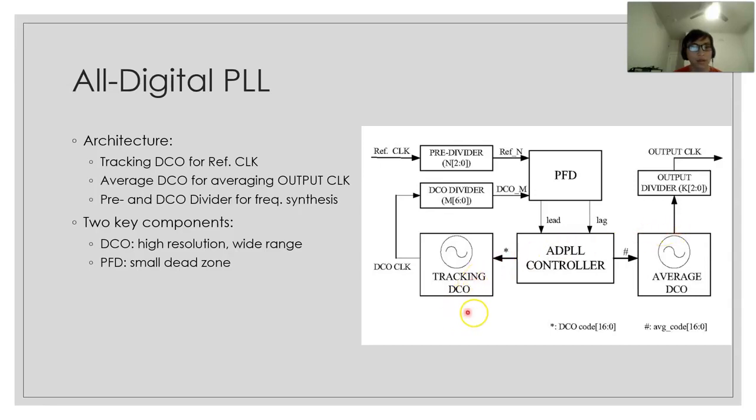When designing this system, the author said there are two key components that need much attention. First of all, these two DCOs need to have high resolution and a wide range so that they can have better accuracy and also capture the required voltage much more easily.